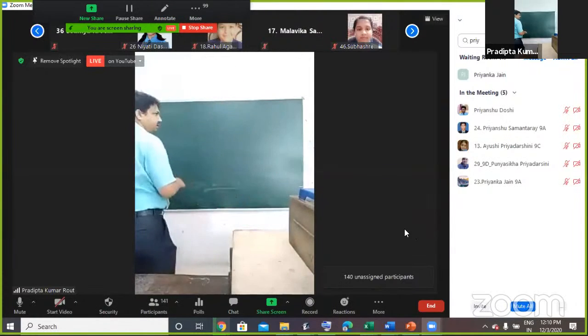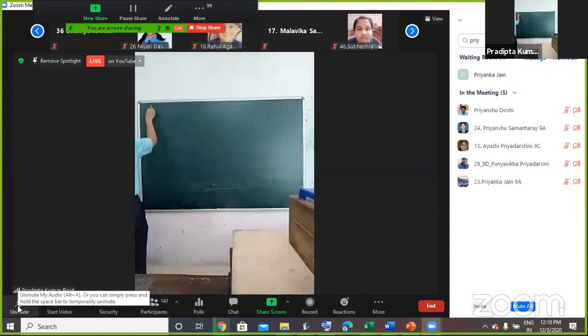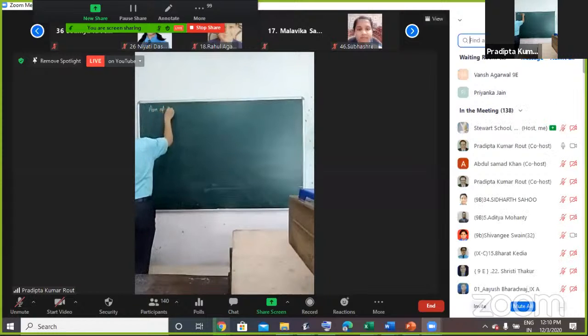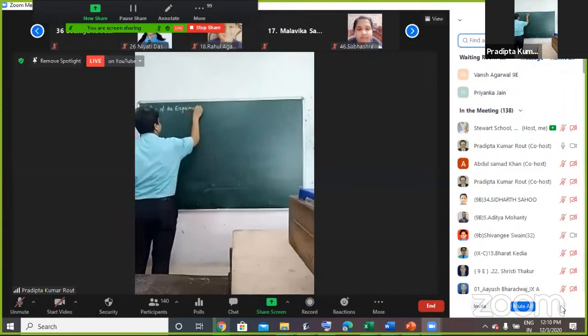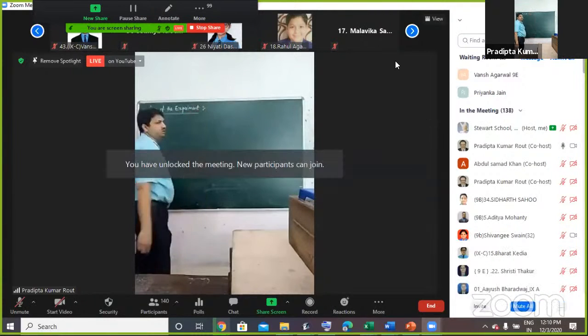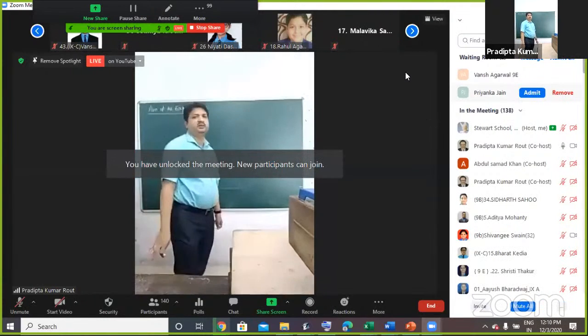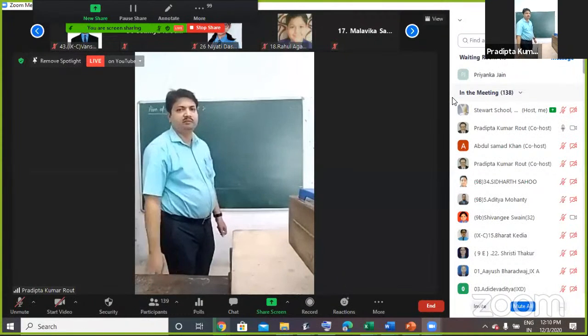So children, the aim of the experiment is to determine the value of acceleration due to gravity, that is g, using a simple pendulum.